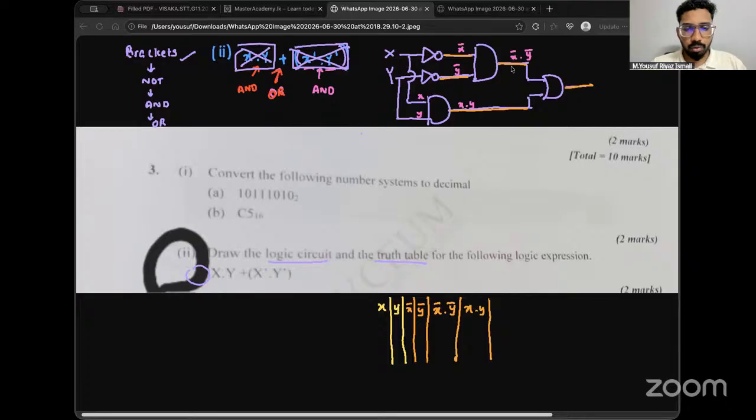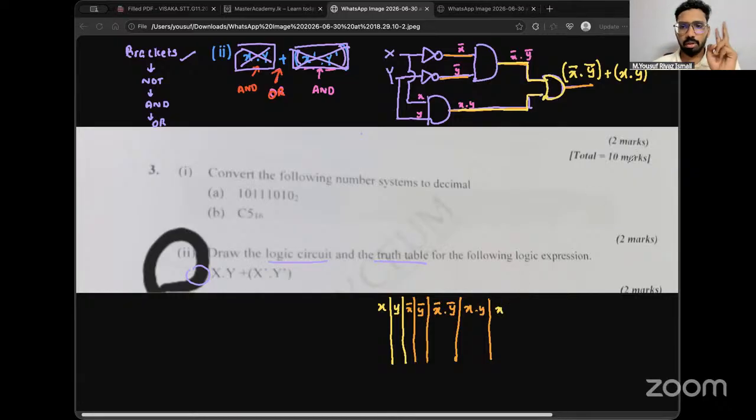So the input from the top is what? X dash dot y dash. The input from the bottom is what? X dot y. If you want to find the output, the easiest way is to find the input first. If your input has multiple letters, put brackets. There are two letters, so I put brackets. The top input also has two letters, so I put brackets. And a symbol to represent it. This is the OR gate, and to represent the OR gate we use the plus symbol. So I'll mention that here.